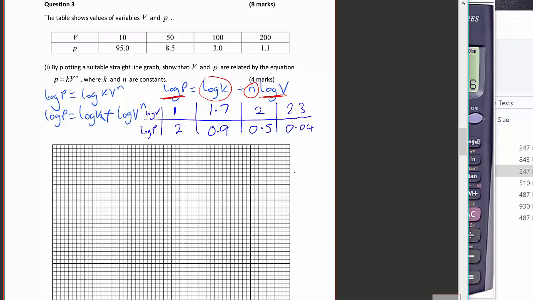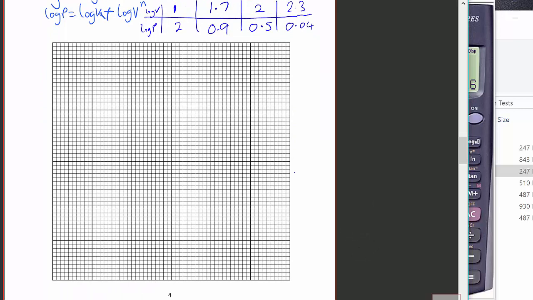Okay, so what we need to do is actually produce a graph on this graph paper showing those values. So log v is my x. Let's put that this way. Probably should have used a different color to that. And then we know that the other one, log p, is going to be up that way.